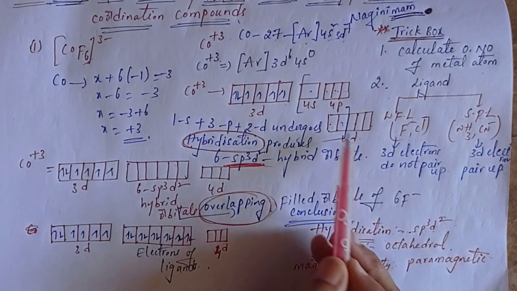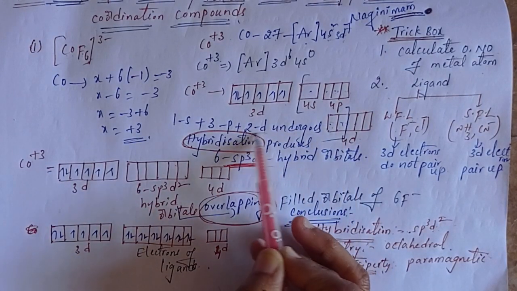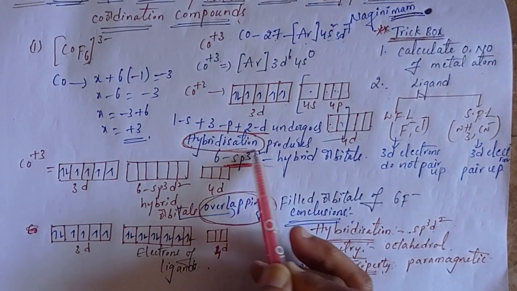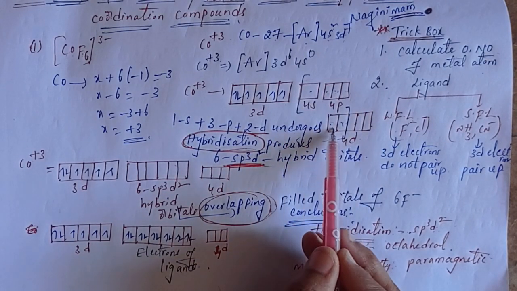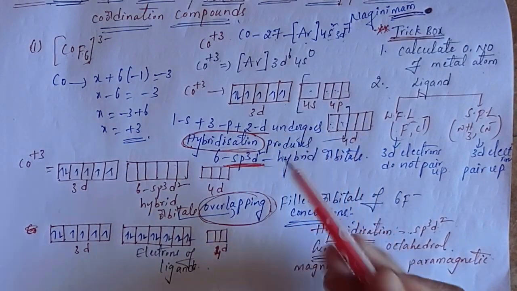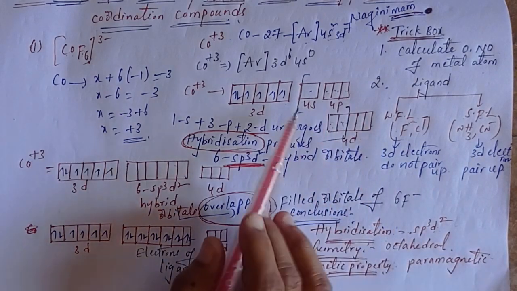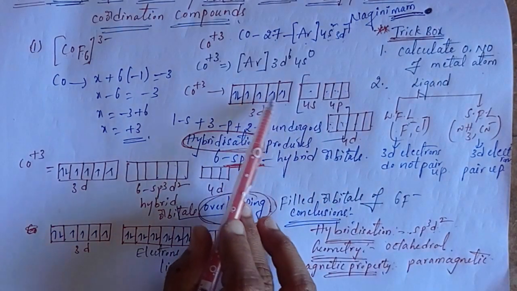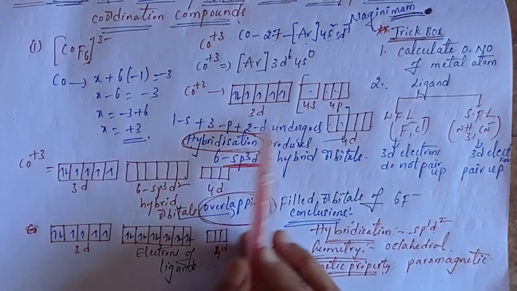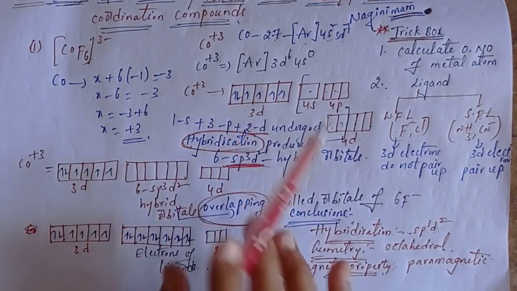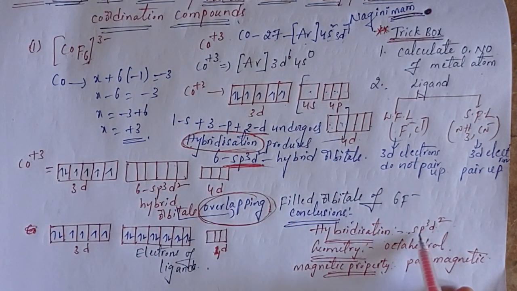fourth is the valence shell. So valence shell d orbitals, 2 d orbitals, are undergoing hybridization. That's why valence shell orbitals are undergoing hybridization, that is an outer d orbital complex. If third shell d orbitals are undergoing hybridization, that is an inner d orbital complex. So in sp3d2, d2 after sp3 is an outer d orbital complex.